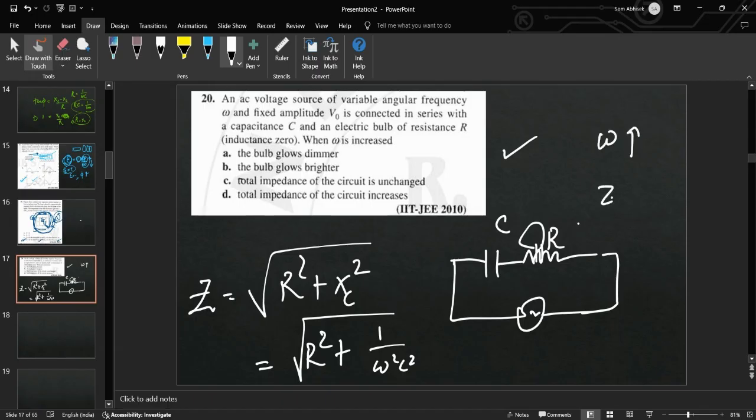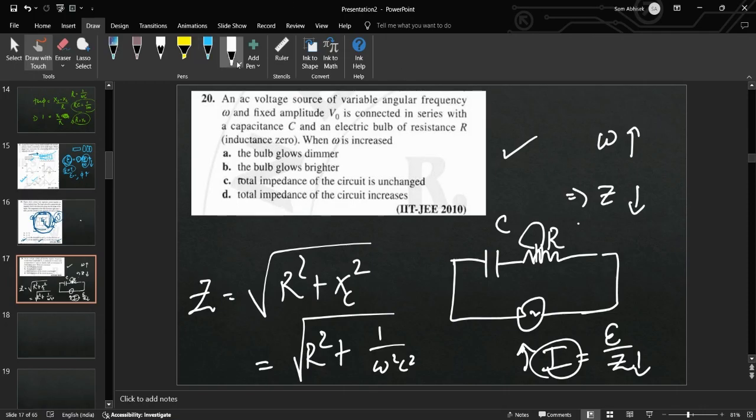Your current in the circuit is EMF by total resistance, that is Z. So Z is decreasing, which means current will increase. The current through the bulb will increase, which means the bulb will glow brighter.